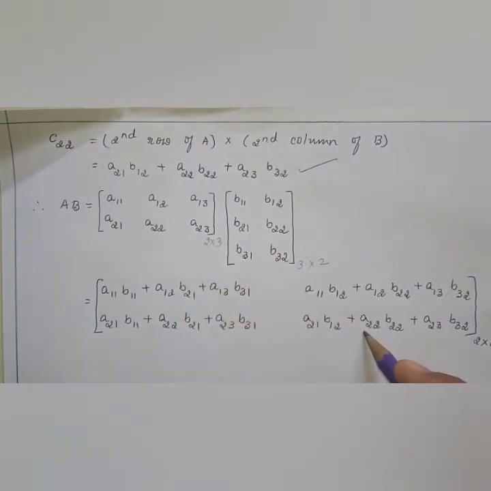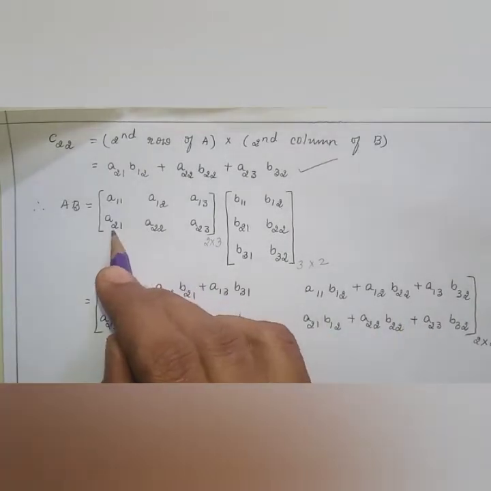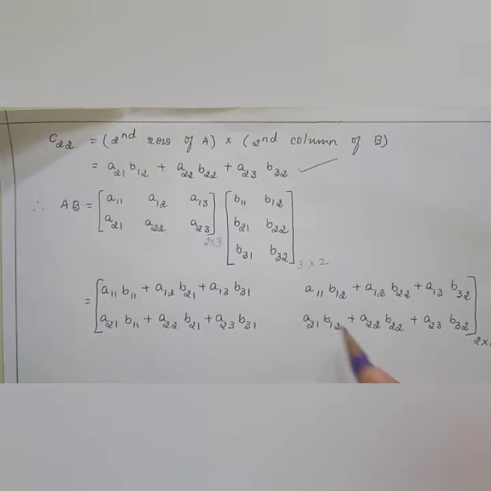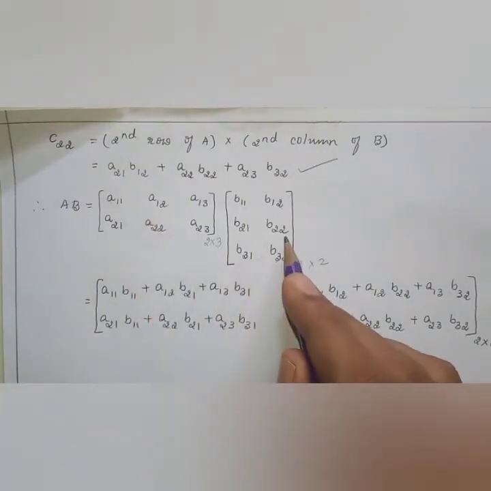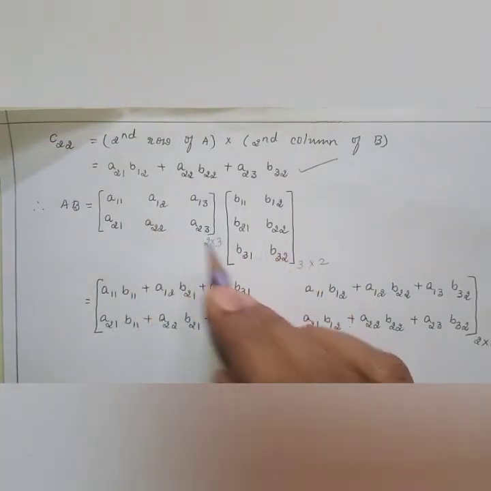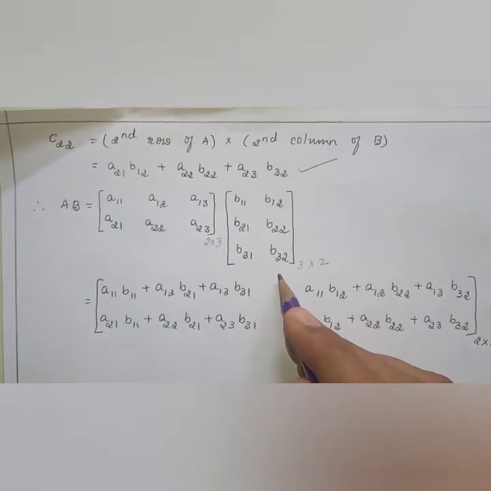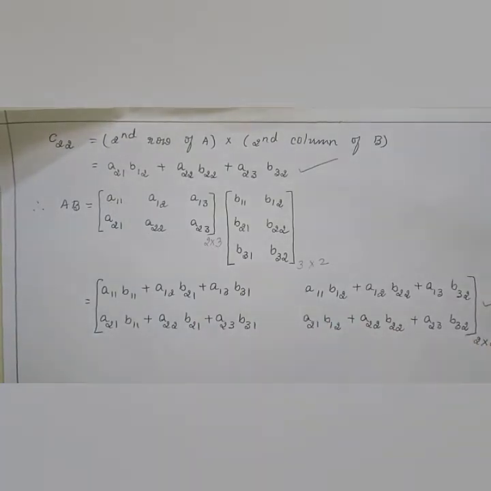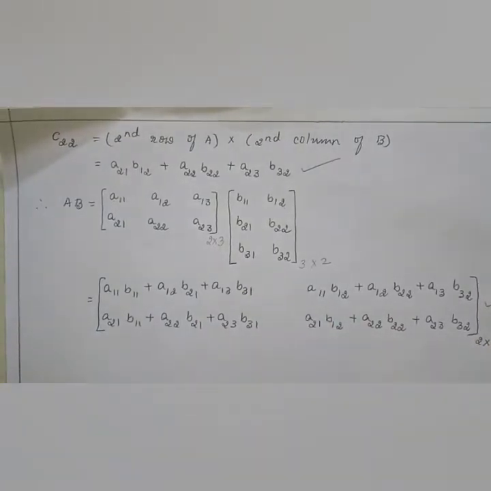And the last one is second row second column: A21 into B12 plus A22 into B22 plus A23 into B32. So this is the matrix AB. Now AB exists and we find A into B.